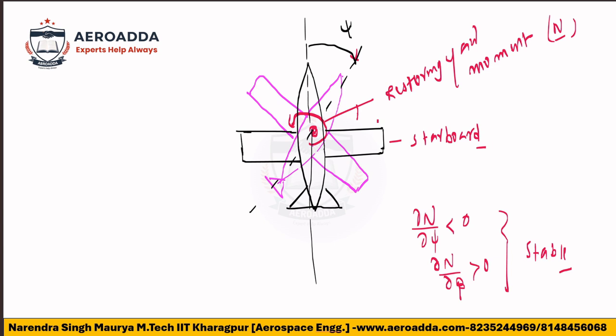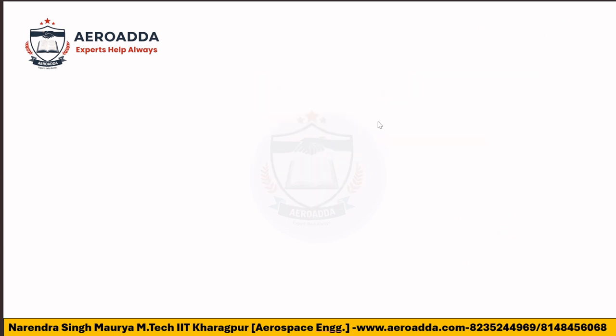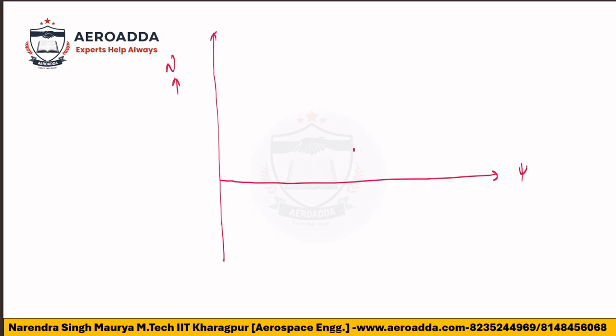I hope you all understood this. Now, in terms of psi and beta, as you have written, you can draw the graph. This is the yaw moment, and this is psi.